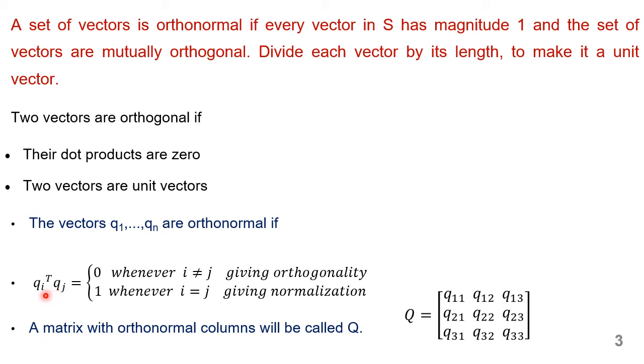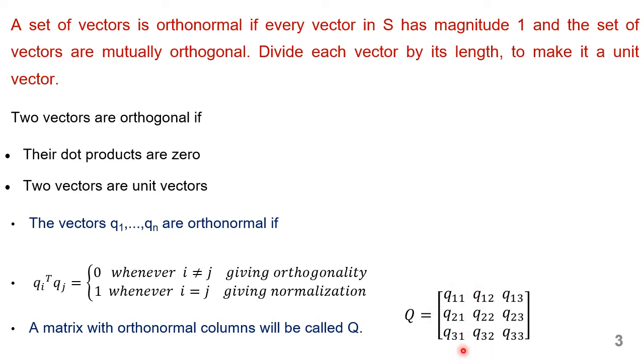The second condition is qi transpose qj, or qi dot qj, has to be 1 if i equals j, giving normalization. Usually we call a matrix with orthonormal columns Q. If I define it for a 3 by 3 matrix, Q12, Q13, Q21, Q23, Q31, Q32 all have to be 0 in this matrix.